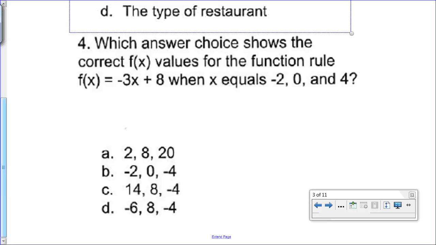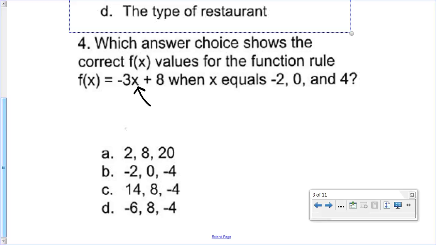Okay, so which answer choice shows the correct f of x, that's how you say that, f of x values for the function rule f of x equals negative 3x plus 8 when x equals negative 2, 0, and 4. Okay, so f of x is essentially just a different way to say the output, or it's just the result of when we plug different things in for x, and when you plug things in, that's your input.